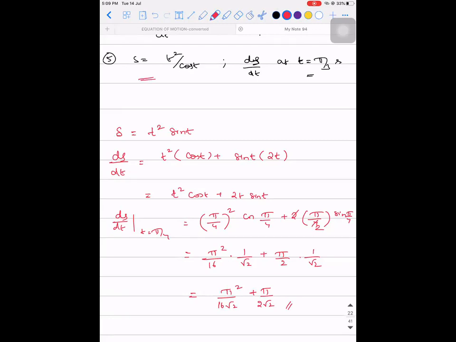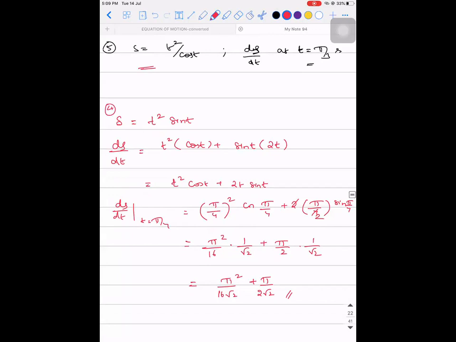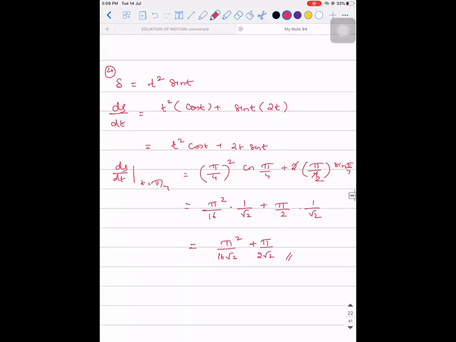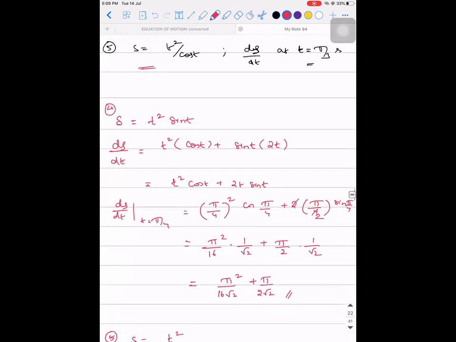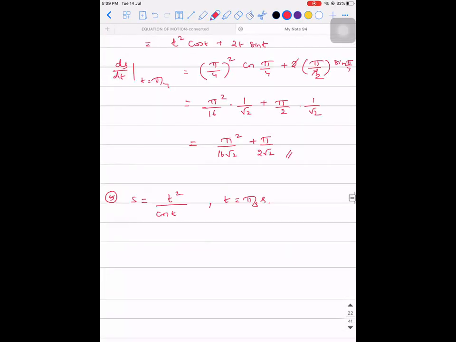So similarly, for the fifth one, s is equal to t square by cos t, at t is equal to pi by 3. So what will be the answer?